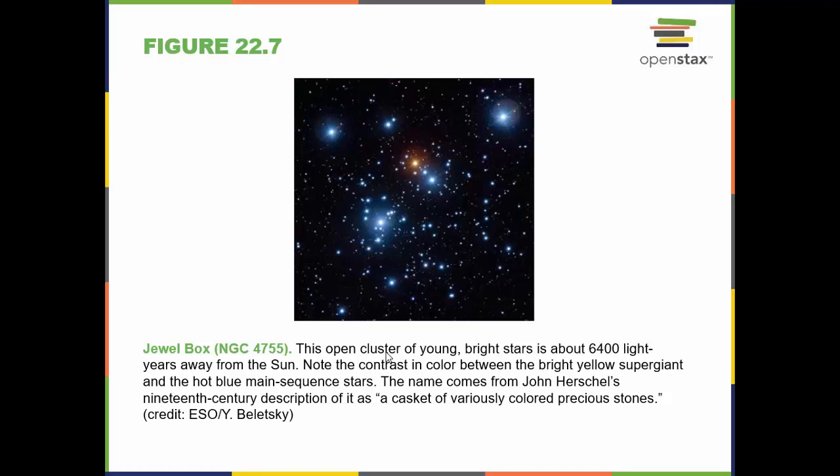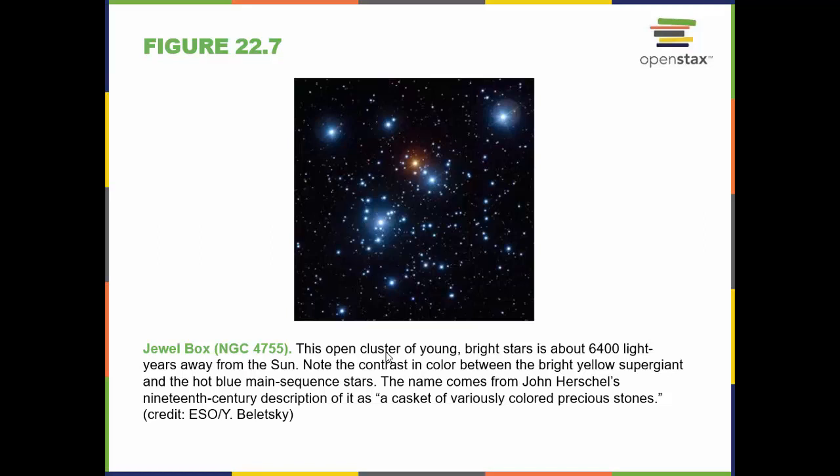So when we talk about a globular cluster, it's one of about 150 spherical star clusters, each with hundreds of thousands of stars, and they form a spherical halo around the center of our galaxy. If we look for an open cluster, this is a comparatively loose cluster of stars containing from a few dozen to a few thousand members, and these are usually located in spiral arms or disks of our galaxy.